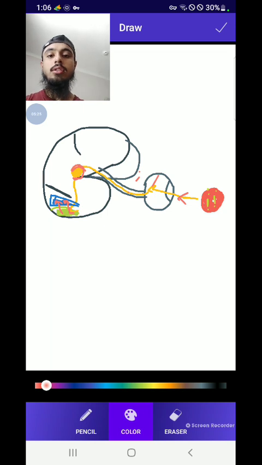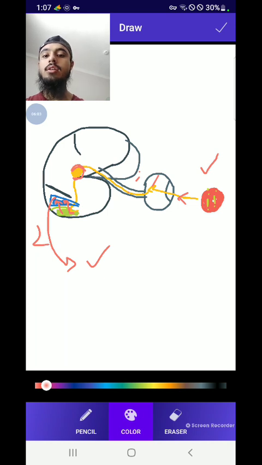So what does this visual association cortex do? It does a lot of functions related to this object. Its first function is to analyze the object: its shape, its size, its color, whether the object is moving or not. All these functions are done by the second area, the visual association area.